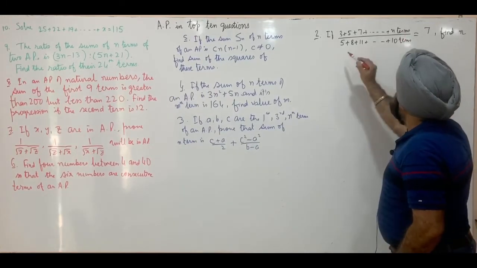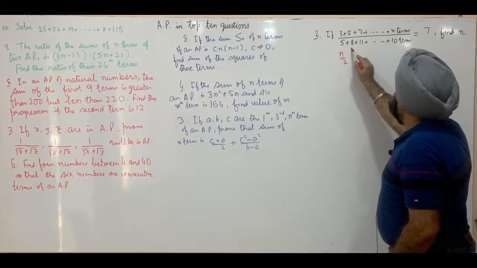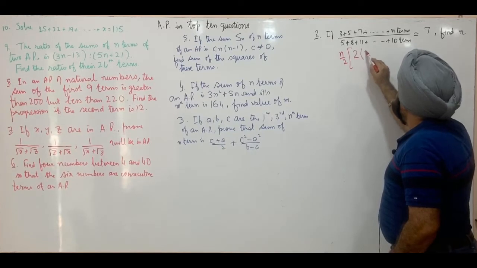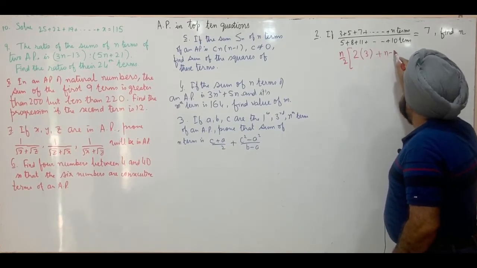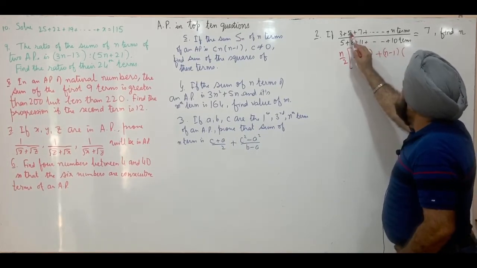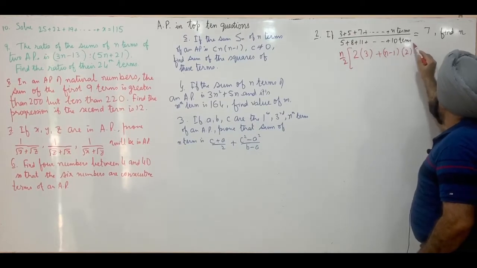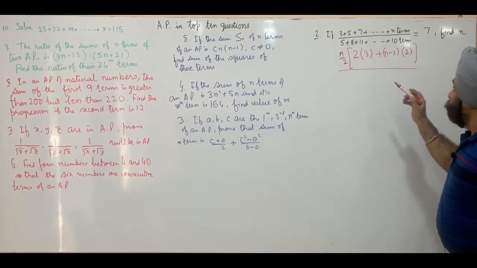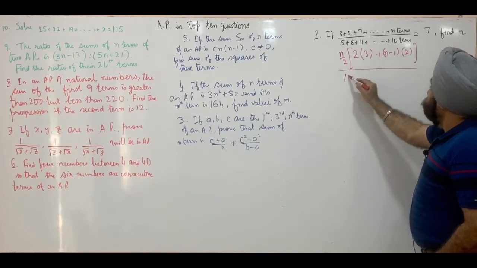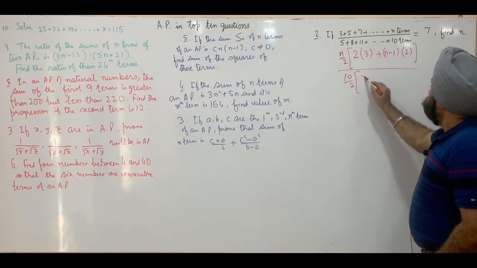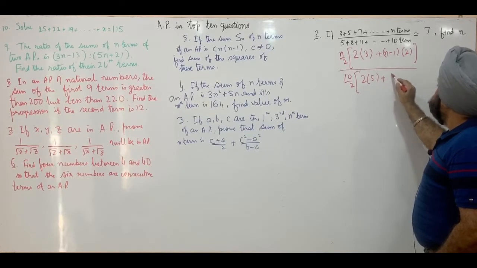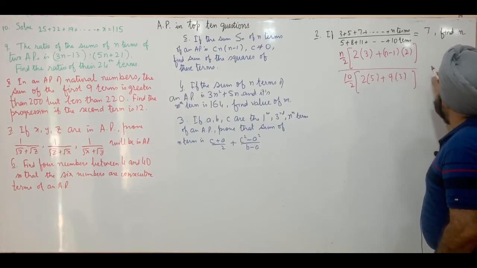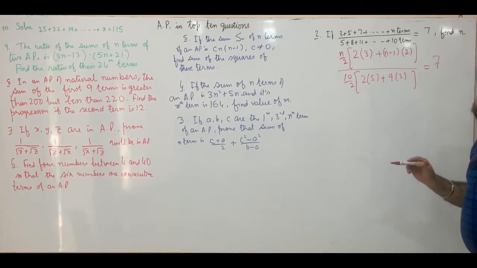Numerator is n terms, so n upon 2 into 2a, 2 into 3 plus n minus 1. Common difference of AP in numerator is 2. Denominator, that's another AP. We have 10 terms, so 10 upon 2, 2 times first term 5 plus 9 into d, d is 3. We are given this is equal to 7.